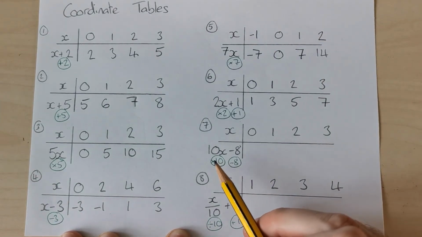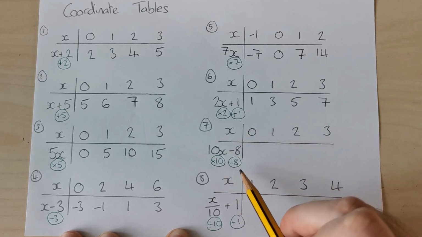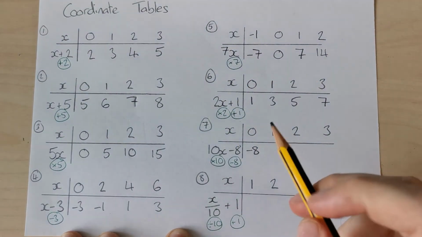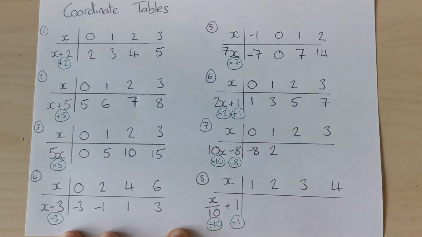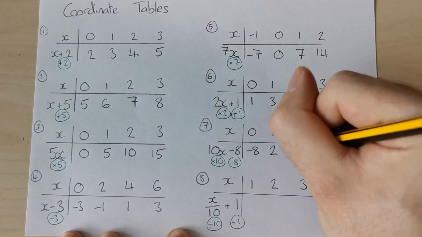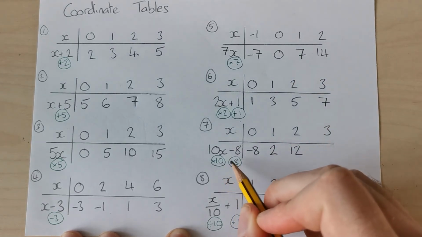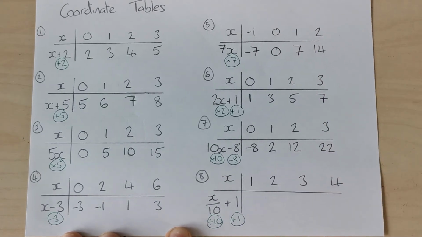Next one, 2 steps again, we've got times 10, take away 8. 0 times 10, take away 8, is minus 8. 1 times 10, take away 8, is 2. 2 times 10, take away 8, is 12. 3 times 10, then take away 8, is 22.